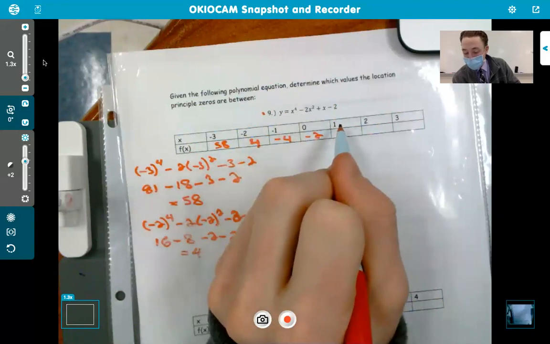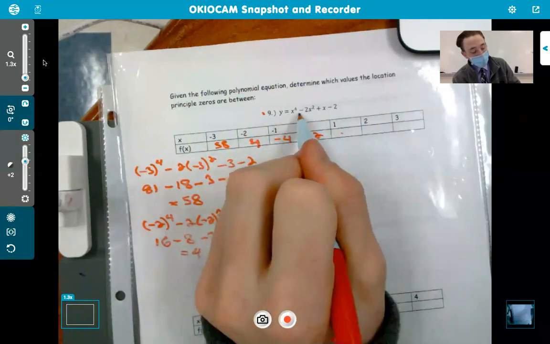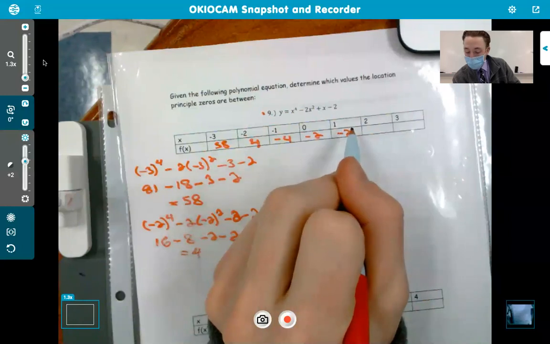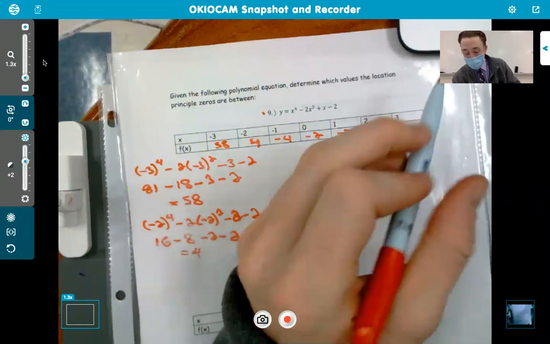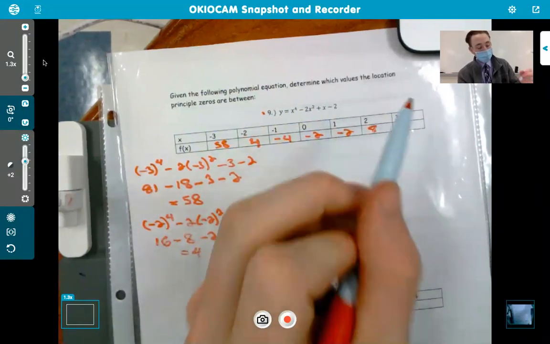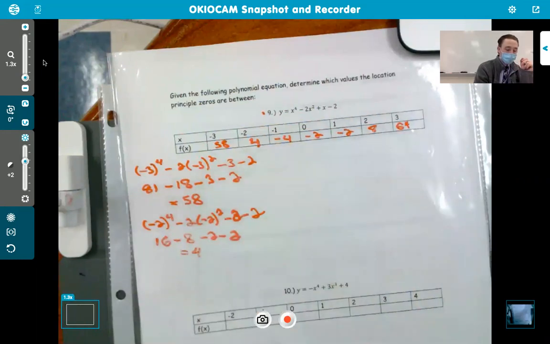I think I miswrote something down here. -2. 2, you get 8. 3, you get 64. Yeah, okay. So you would get those values by plugging them into your equation and then just simplifying.